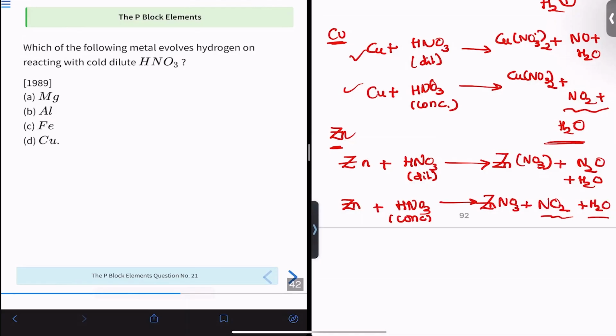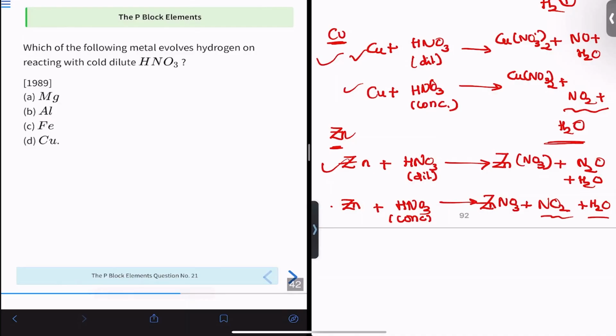Okay, so guys, why is this important? Because they may give you any of the reactions from these four equations and ask which nitrogen gas is being evolved here. If you remember the reactions properly, then only you can write which nitrogen gas is evolved.